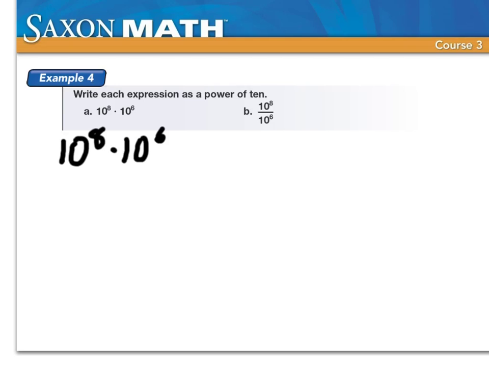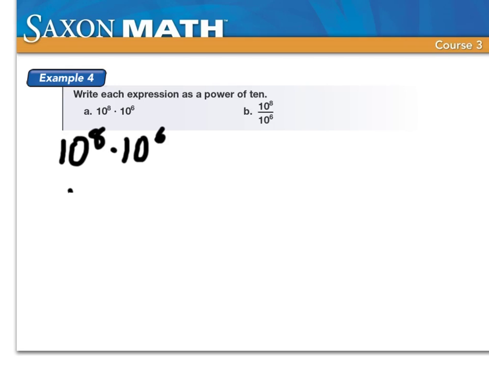Because I could write out 10 to the 8th, 10 times 10 times 10 times 10 times 10 times 10 times 10 times 10, and then multiply that by 6 tens. 10 times 10 times 10 times 10 times 10 times 10. Well, that's a lot. Okay, or we could just use our exponent rule. This is the multiplication exponent rule. Okay, I'm taking two powers and multiplying them together.